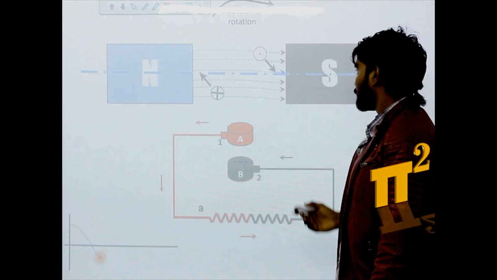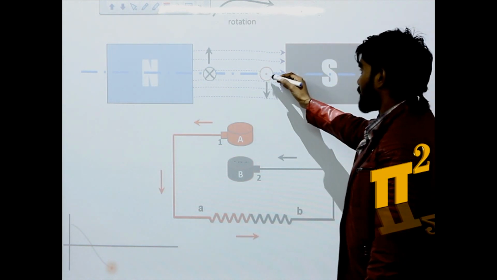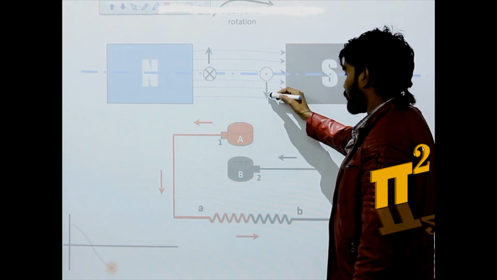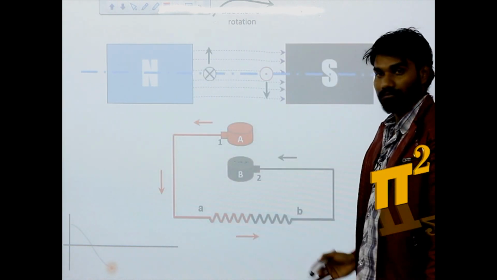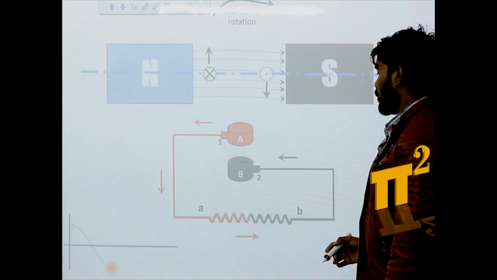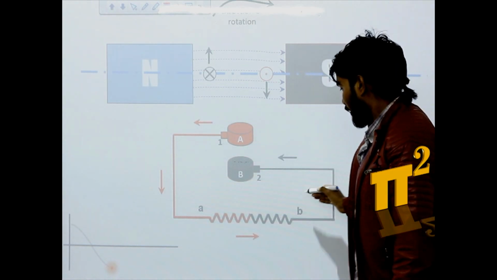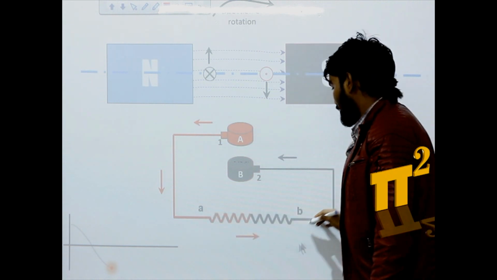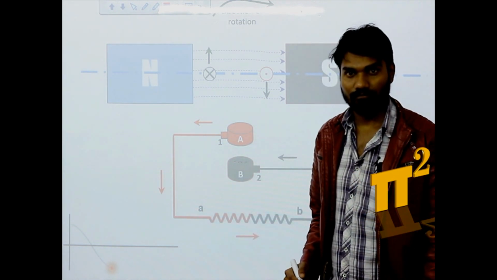Now further, maximum force downward, maximum induced EMF, maximum current. So if you notice, current flowing through the load is AC, not DC.